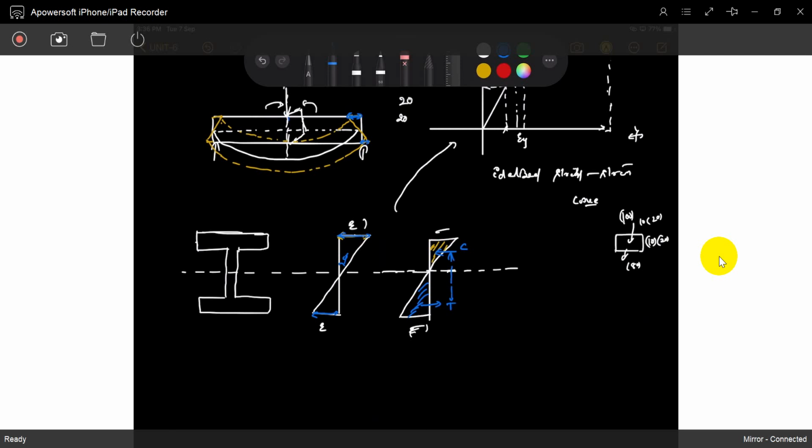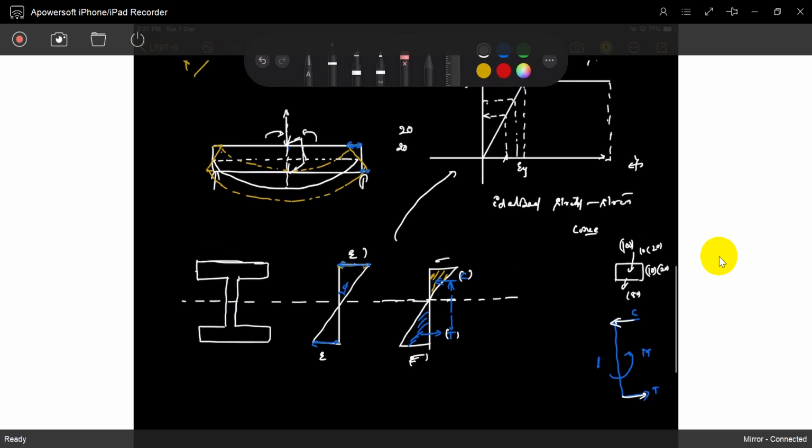We already discussed it. This is C, this is T. The moment is produced by this lever arm. See the direction: this goes in this direction, this goes in this direction, so it will produce a moment opposite to the applied moment. It will balance it. This compressive force and this tensile force will balance it.